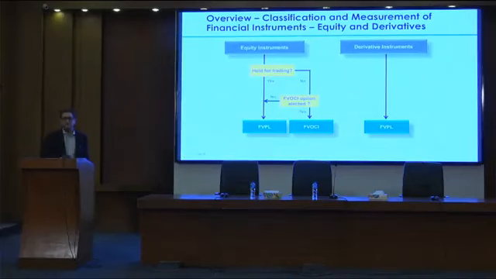So first look at an equity instrument, because for equity instruments the accounting is not changing much. You have to classify your portfolio into two categories, held for trading and non-trading.